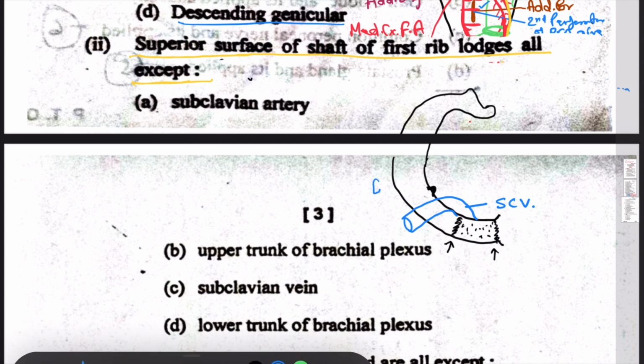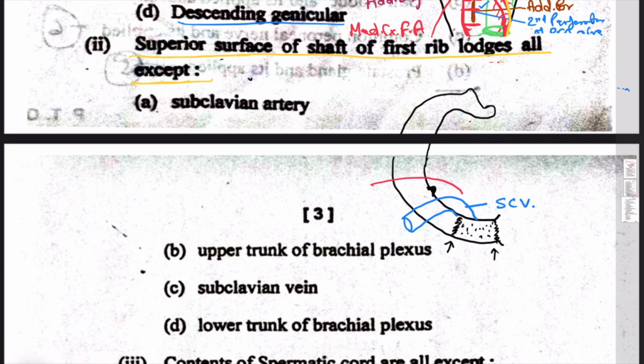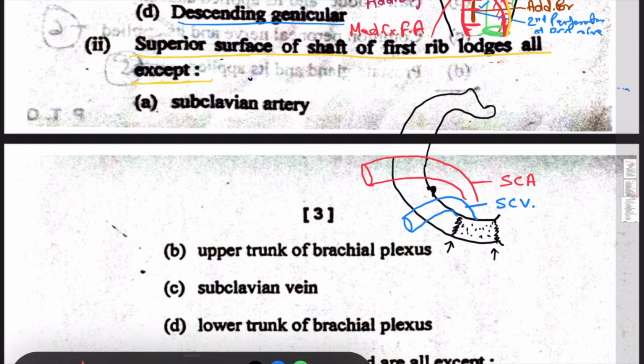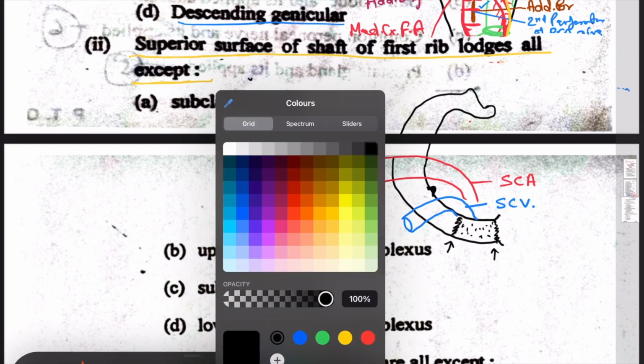Oh, sorry, this is the subclavian artery. Subclavian artery, because of this first rib, it is divided, there is this muscle again, so don't confuse.